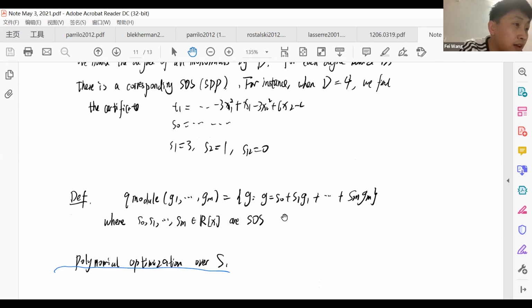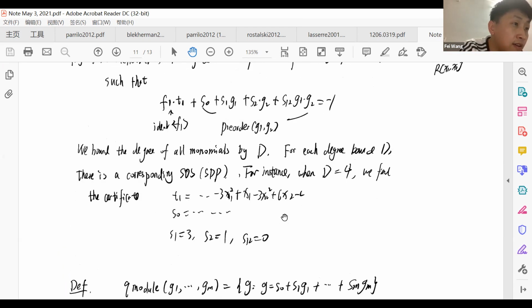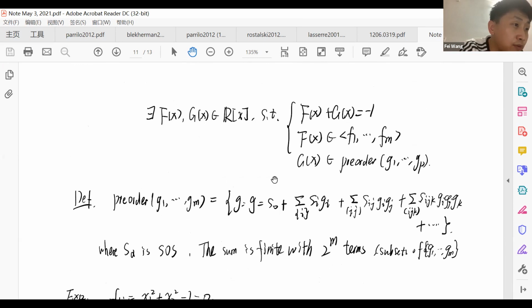So far I defined this preorder. You can see the preorder is quite large. The preorder of this G1 data is a very large set. The elements in the preorder have very high degree, because you have so many terms, and each term is a product of other polynomials.